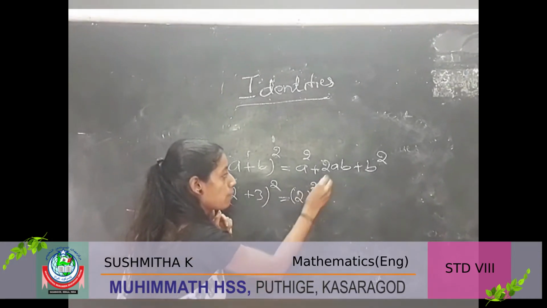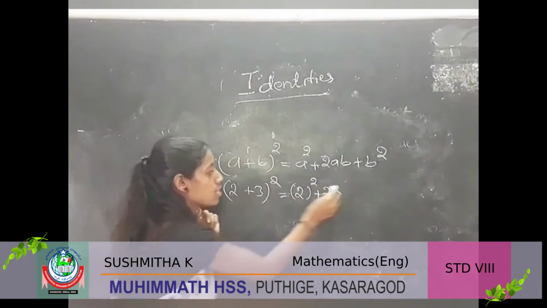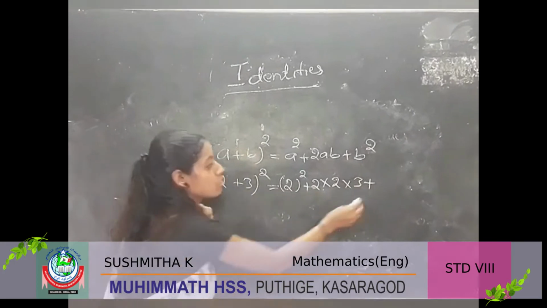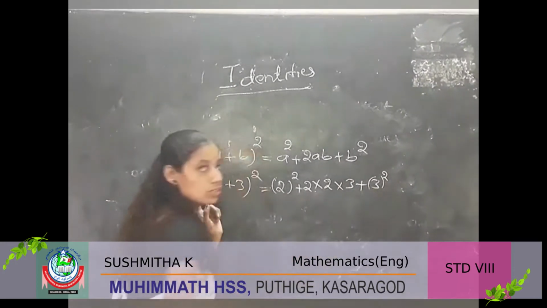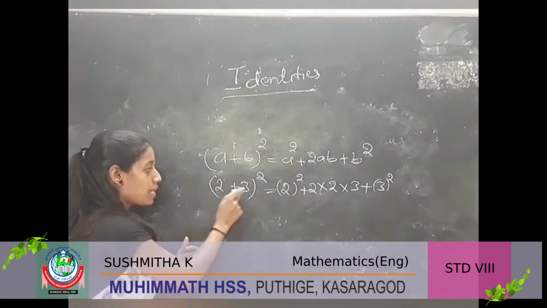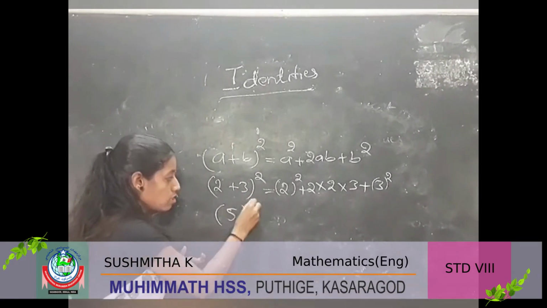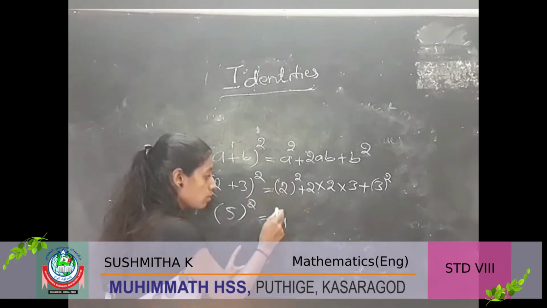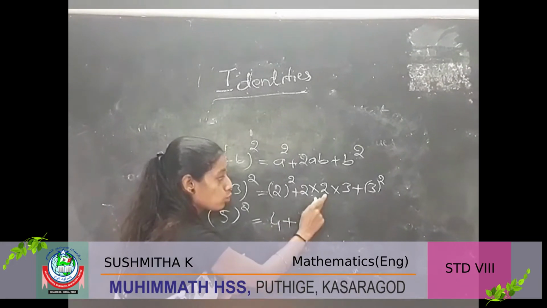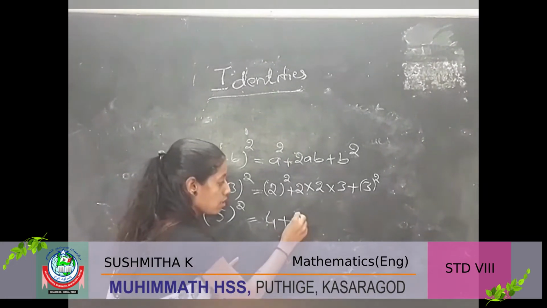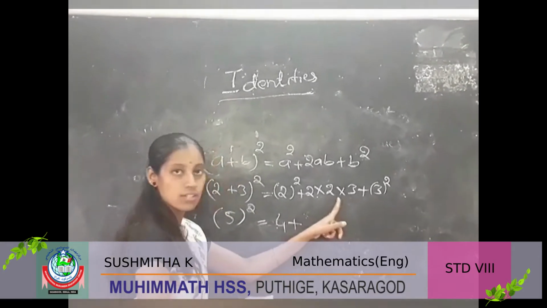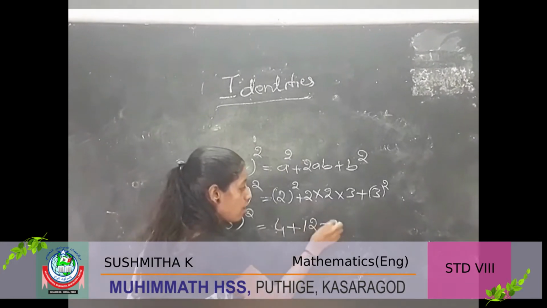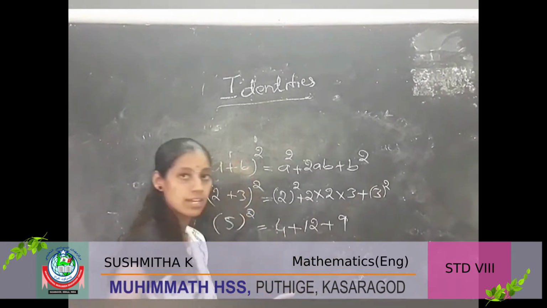So 2 square plus 2 into a, which is 2, into b, which is 3, plus b square. b is 3, so we can write it as 3 the whole square. What is the answer here? 2 plus 3 is 5, so 5 the whole square is equal to 2 the whole square, which is 4, plus 2 into 2 into 3, which is 12, plus 3 the whole square, 9.